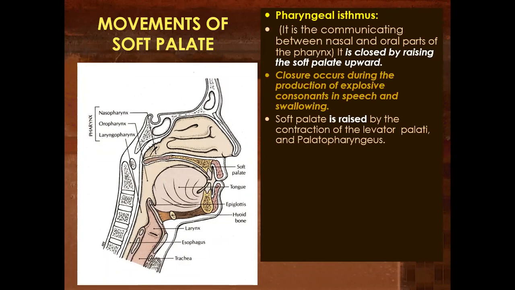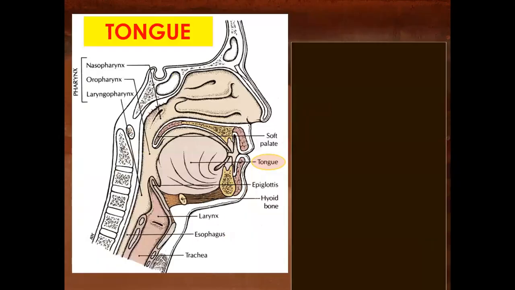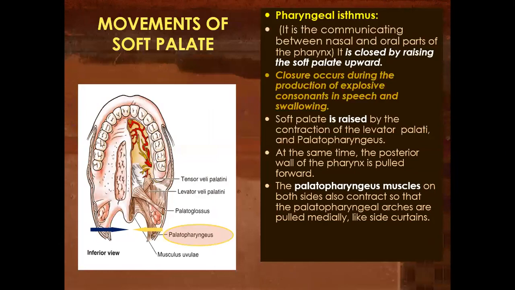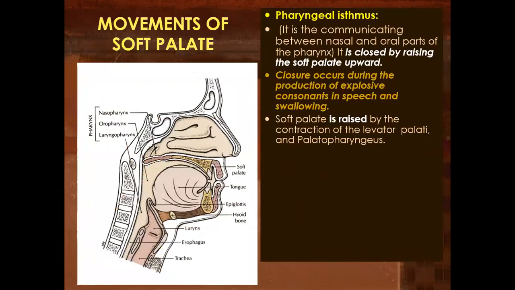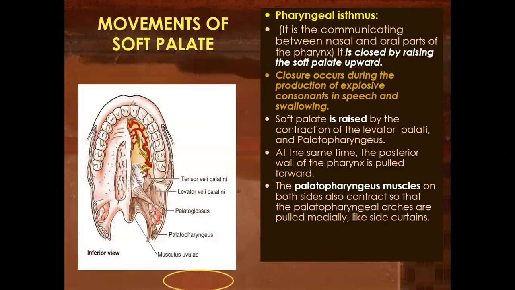This is the movement we can see. At the same time, the posterior wall of the pharynx is also pulled forwards, and the palatopharyngeal muscles on both sides also contract so that the palatopharyngeal arches are pulled medially like a side curtain.